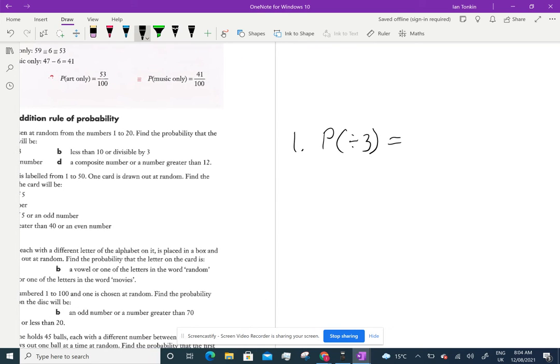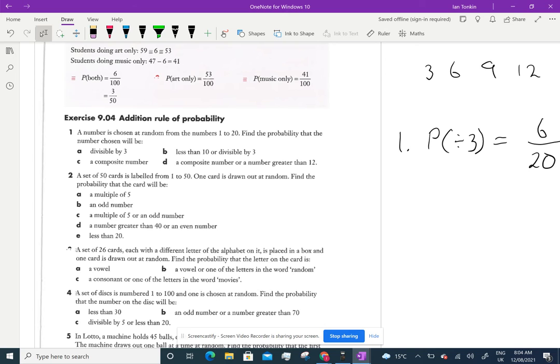Yes, but we mean without a remainder. So my 3 times tables will mean, 3, 6, 9, 12, 15, 18. 1, 2, 3, 4, 5, 6. So there are 6 of the 20. So that one's pretty easy.